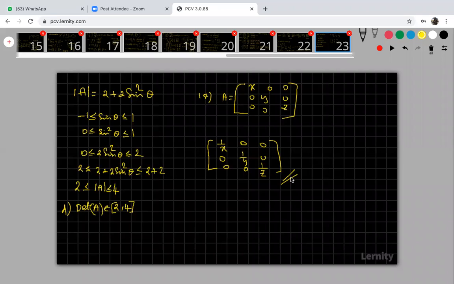Determinant of A is XYZ, and find the cofactors, write them in the adjoint matrix. You will get the answer 1 by x, 1 by y, 1 by z.